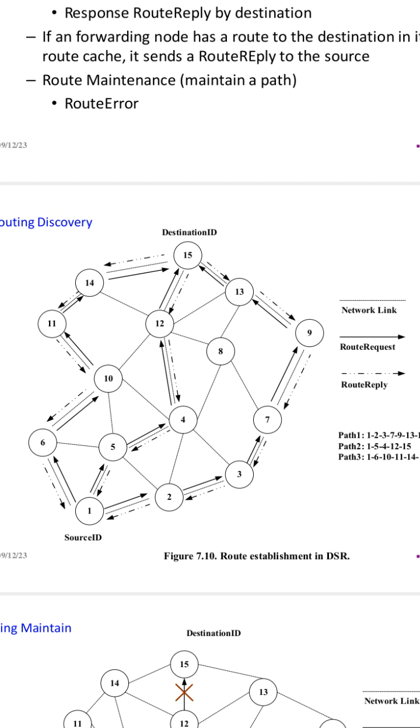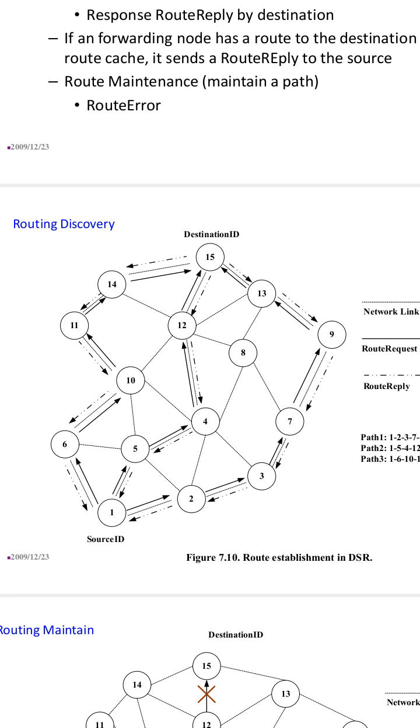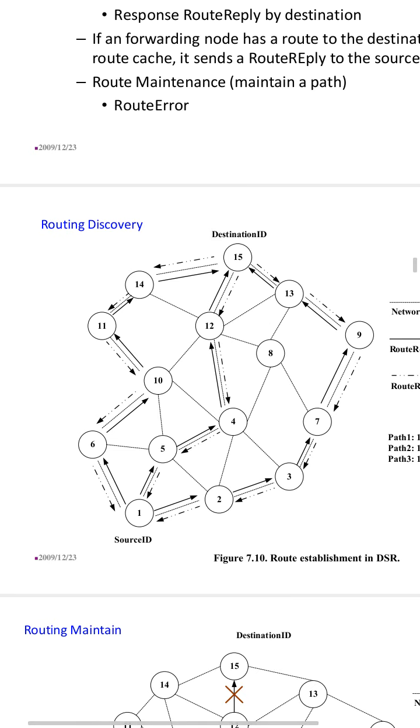Let us assume this example. The source node is 1 and the destination node is 15. Now, how does the packet reach from source node 1 to destination node 15? The source node first sends the route request packet to the adjacent nodes 2, 5, 6. Then nodes 2, 5, 6 send the route request packet to their adjacents.